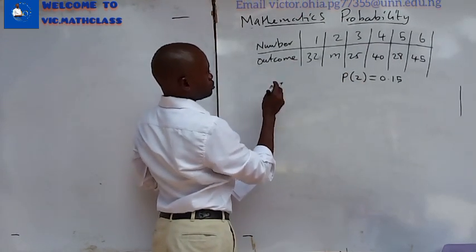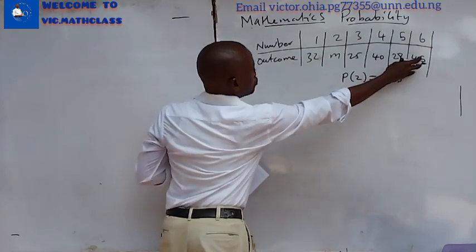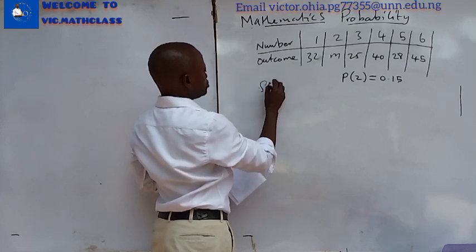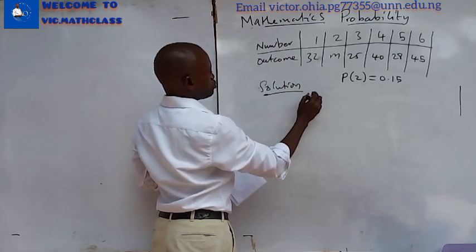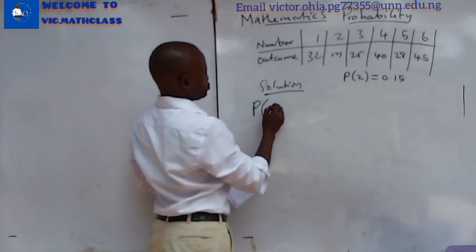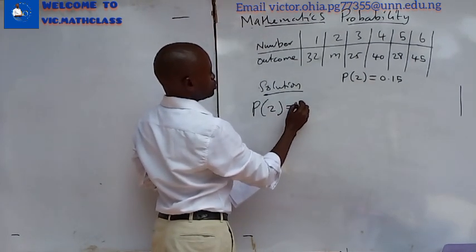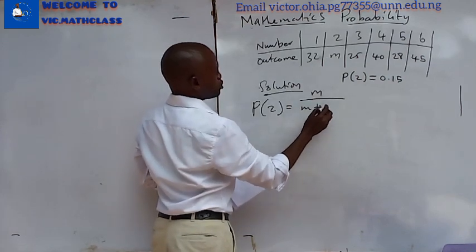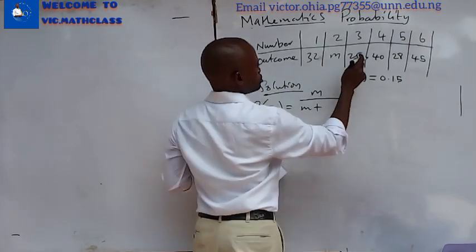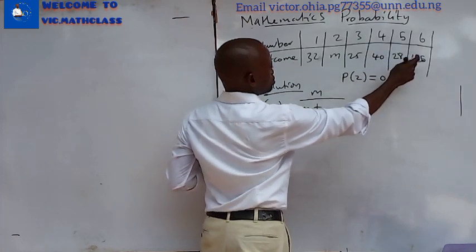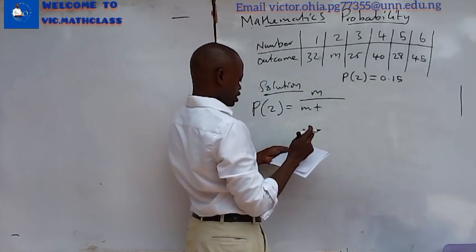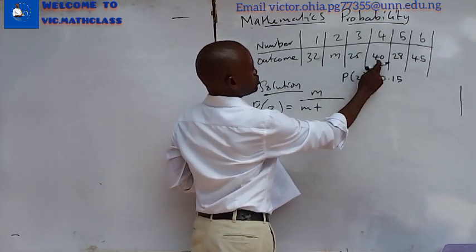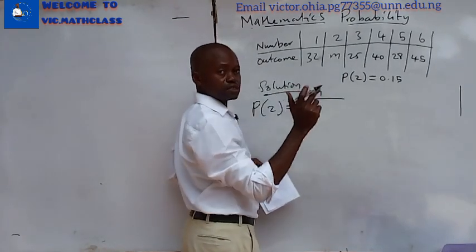So you add all the known ones. The probability of 2 is going to be m over m plus 32 plus 25 plus 40 plus 28 plus 45. Without taking our time, by my calculation, it is 170. Please verify that.